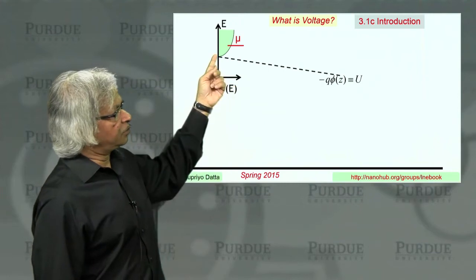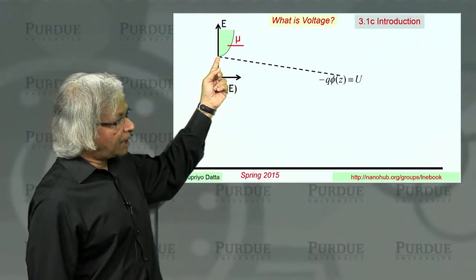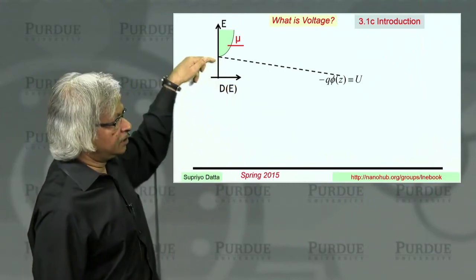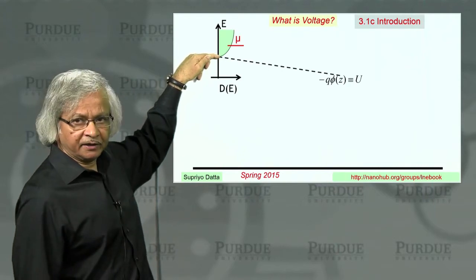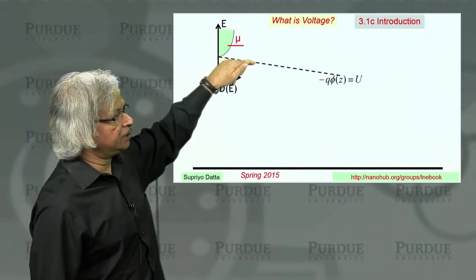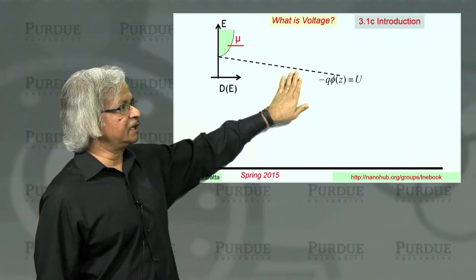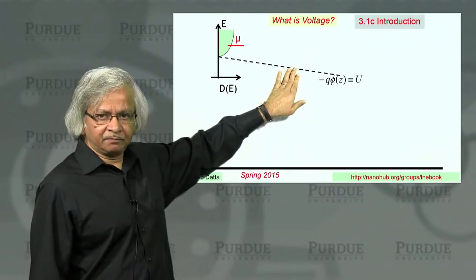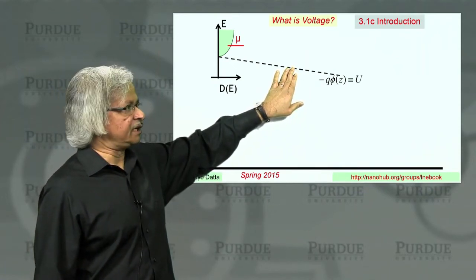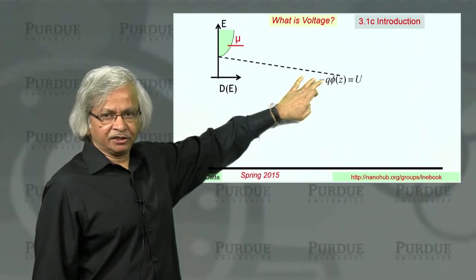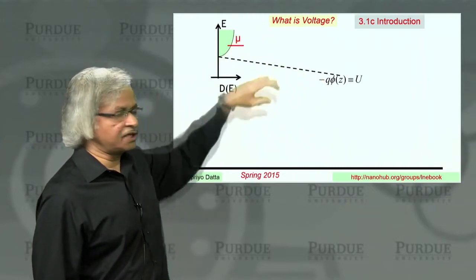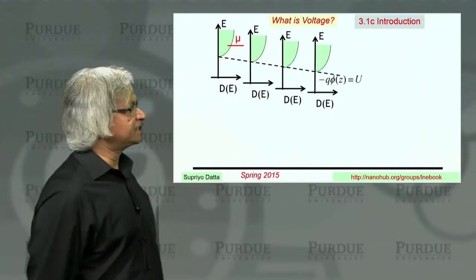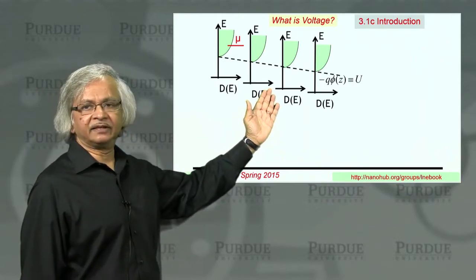Well, then what you might expect is that the bottom of the band, that's the lowest energy point, would actually continually go down. Because here there's a positive electrostatic potential, meaning a negative energy. So the electronic energy goes down. And so if you drew the density of states plot, it would look something like this.